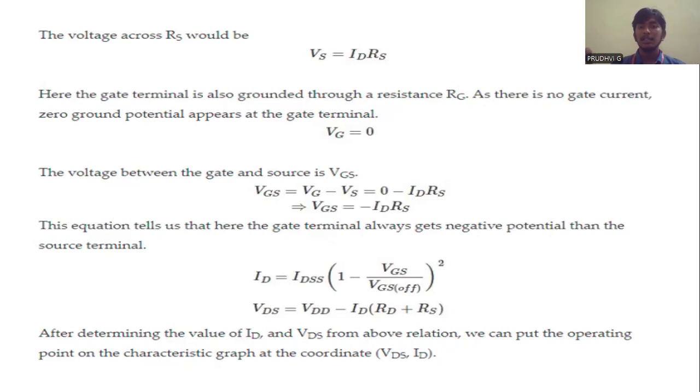And this equation tells us that the gate terminal always gets a negative potential with respect to the source terminal. It is simple: the voltage between gate and source is always negative.